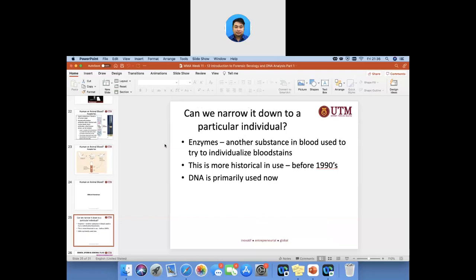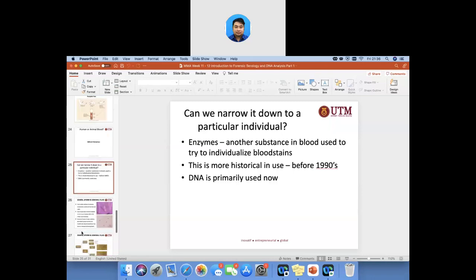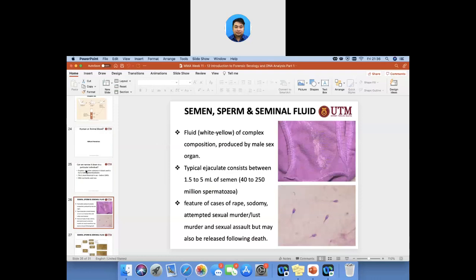But usually DNA is the one that you are going to use now, in terms of tracking down the identity of the individual. So usually DNA for now. Okay, so that is for blood.